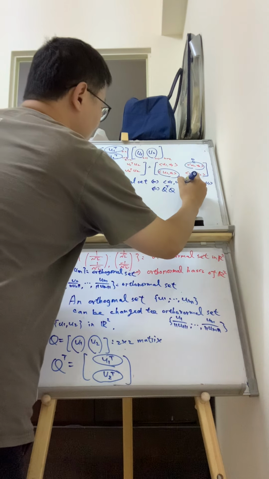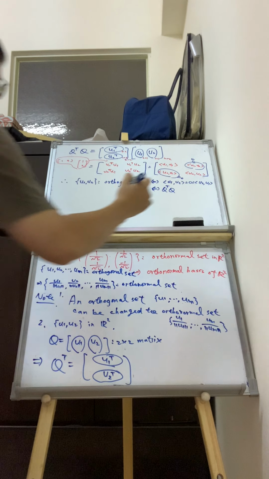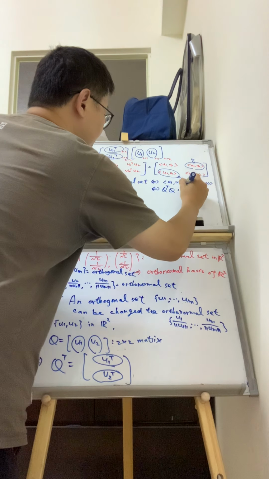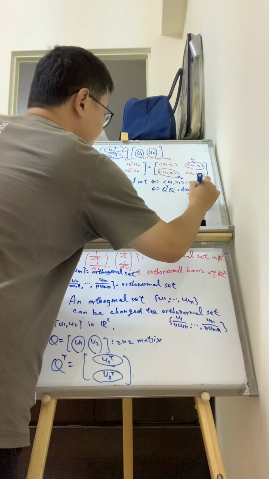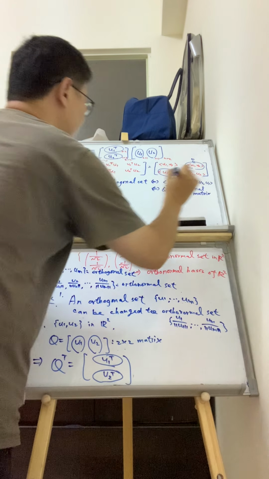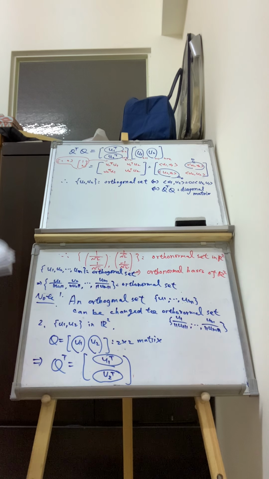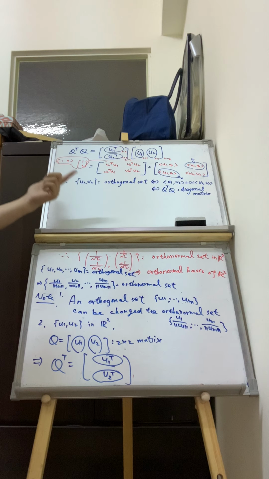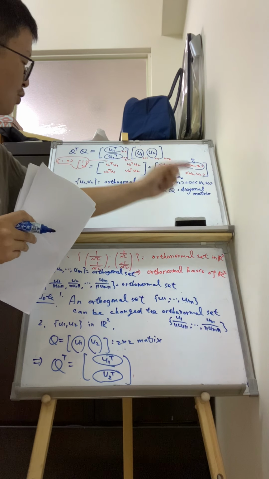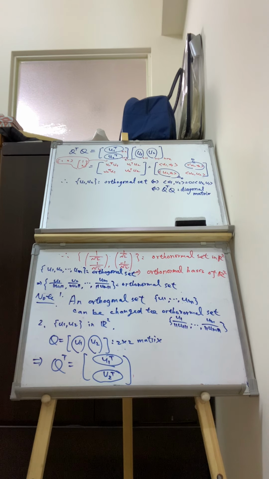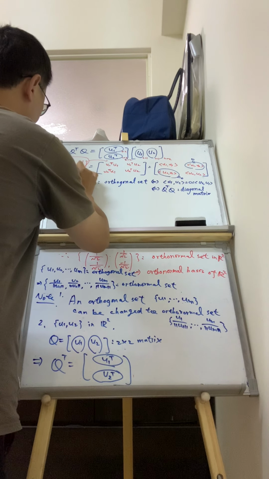So Q transpose Q should be a diagonal matrix. So U1, U2, these two vectors, being an orthogonal set, means that Q transpose Q is a diagonal matrix.